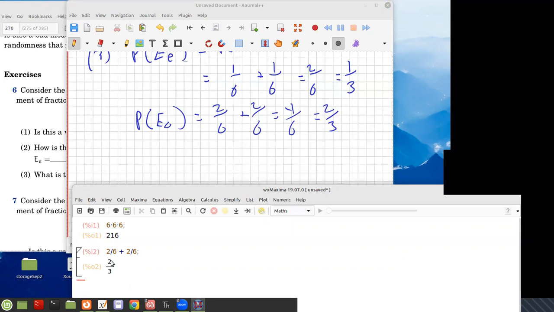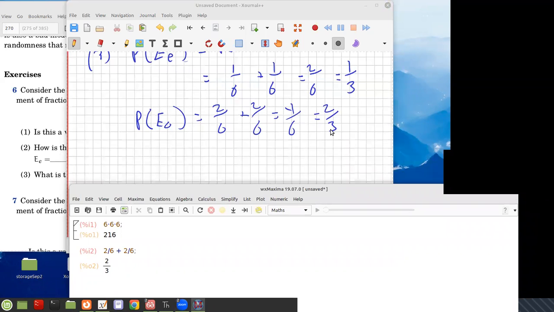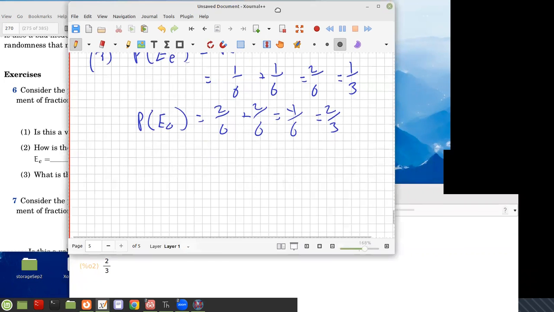So if you don't want to rely on your native skill with fractions, you can use wxMaxima as a fraction calculator where you get the number as 2/3. I'd much rather you report, for example, 2/3 rather than 0.666. If you put this in a normal calculator, you get some number, and it's less clear what's going on in that case.